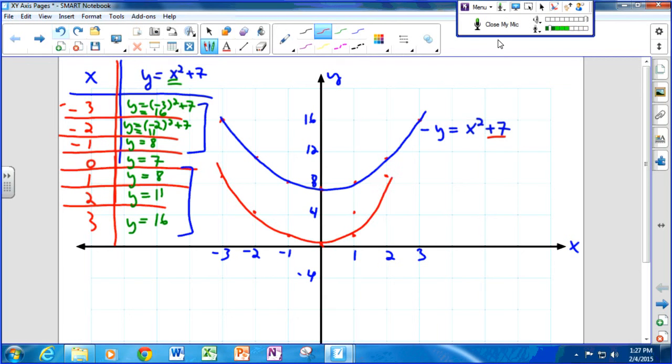Oh, okay, I made a mistake. So this is y equals x squared, something like that. Okay. I did something wrong. What did I do wrong here? That's going to go there, and that's going to go there. All right, well, I'll try and fix it a little bit. There we are. That's better.